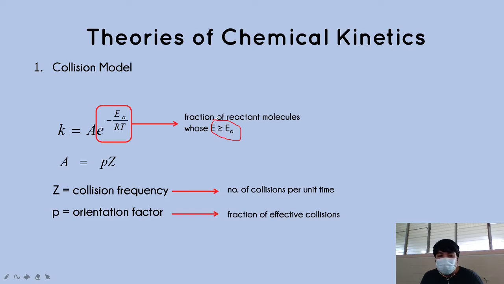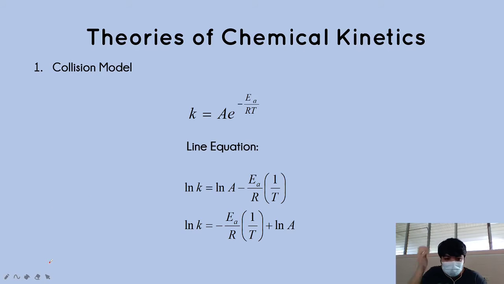So that means if their energy is enough, when they effectively collide with each other, they will surely form products. Otherwise, even if the collision is effective, but their energy is not greater than or equal to the activation energy, then no reaction or product formation will take place.